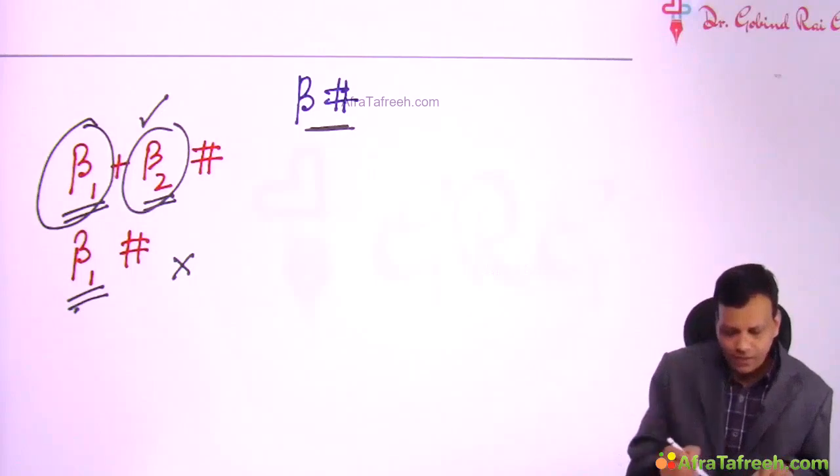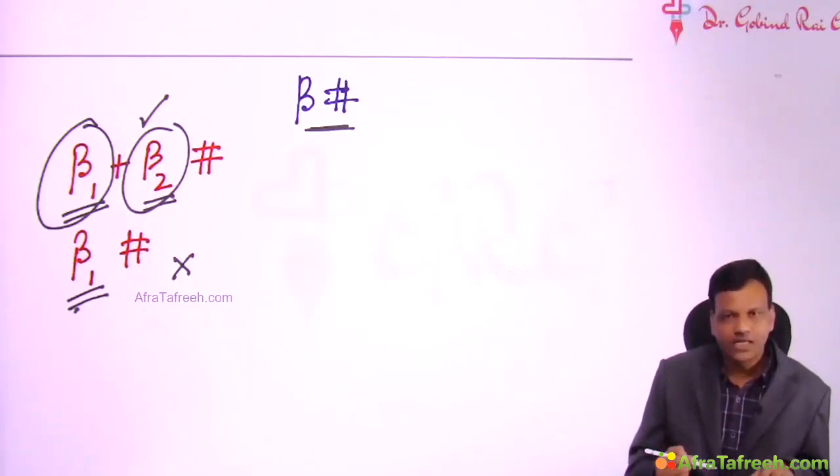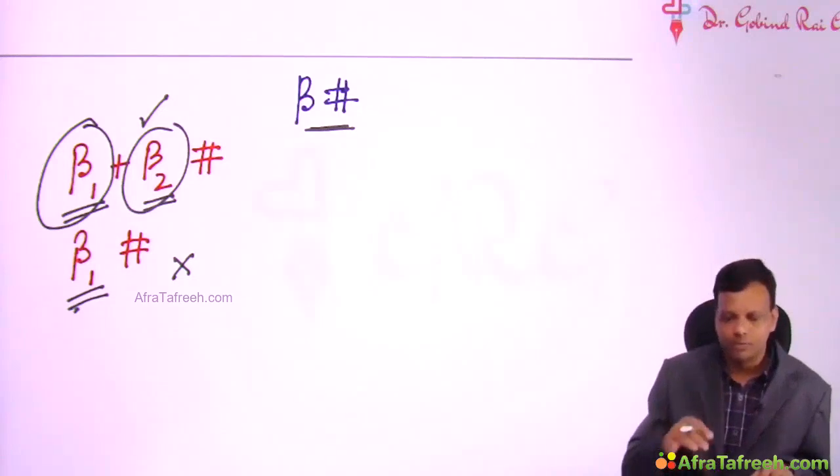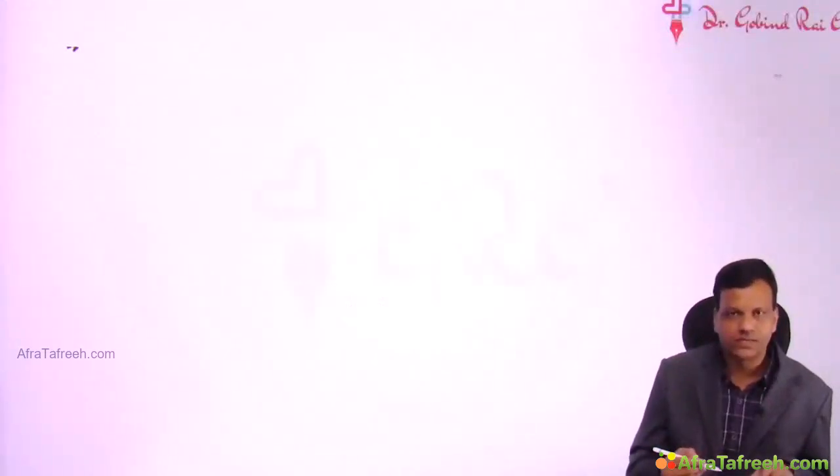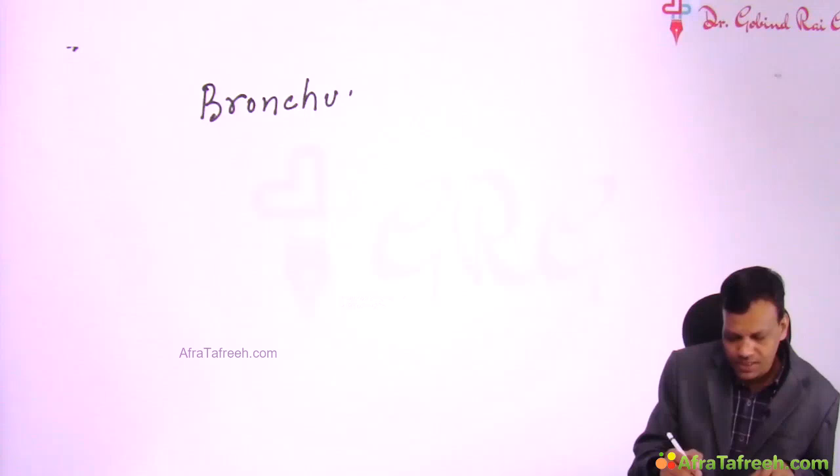Second thing, if we do not want to block beta 2, we cannot use a non-selective drug. We can use only a beta 1 selective drug. And what are the conditions where we do not want to block beta 2? For that we need to revise where beta 2 is present. Remember, we discussed beta 2 is present in the bronchus, in the blood vessels, and in the liver.